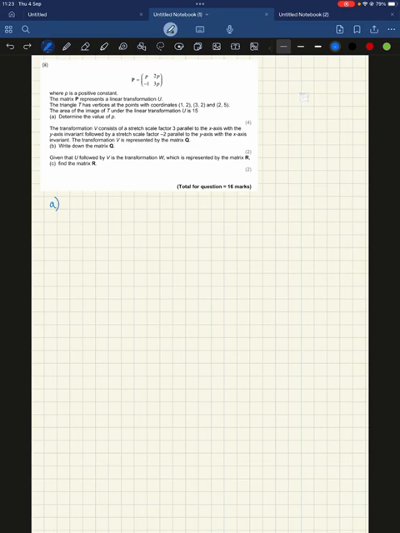So first let's draw triangle T. Because all the coordinates are positive, we can just draw the positive x and y axes. Okay. Right, now we'll draw this to scale, so coordinate 1, 2, coordinate 3, 2, and 2, 5.